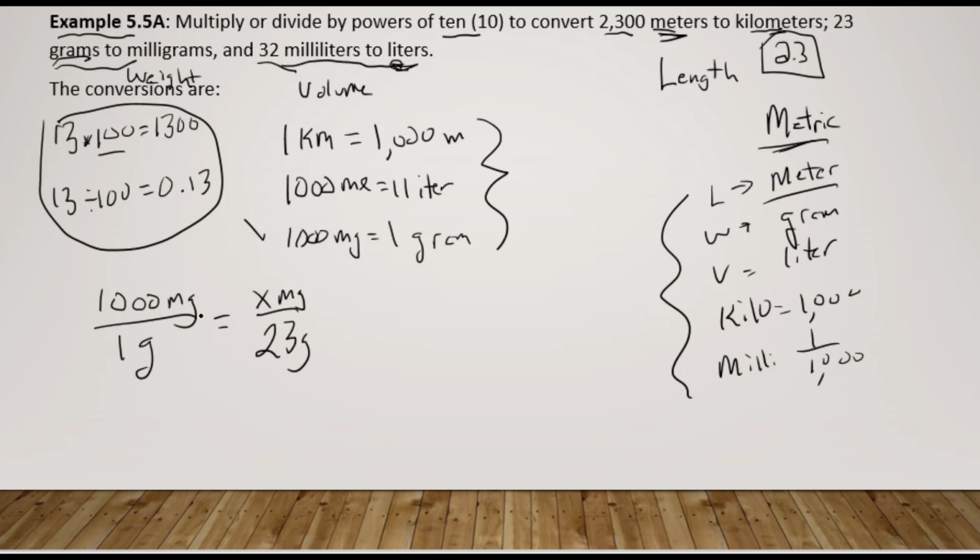I could cross multiply and divide, but 1 to 23, you multiply by 23, so then you multiply the top by 23, and 23 times 1,000, hopefully you know, is 23,000. So 23,000 milligrams is the same thing as 23 grams. I'll erase that. We'll do the last one.